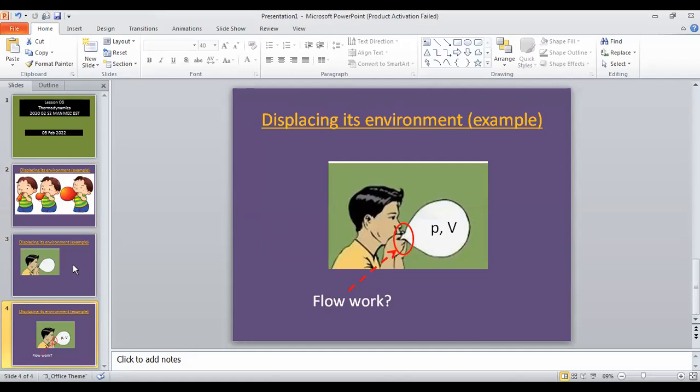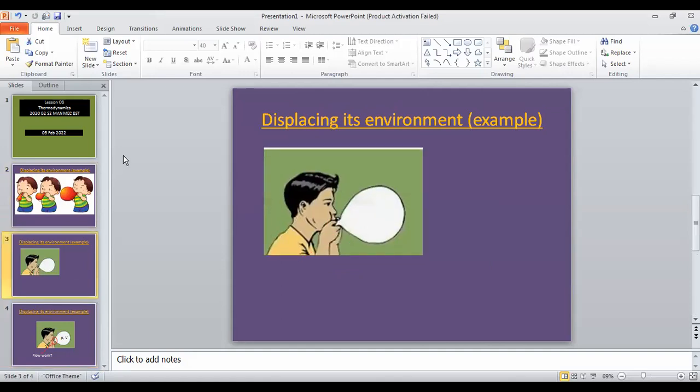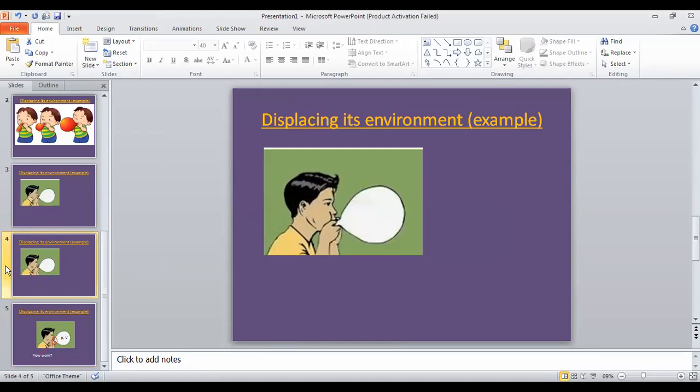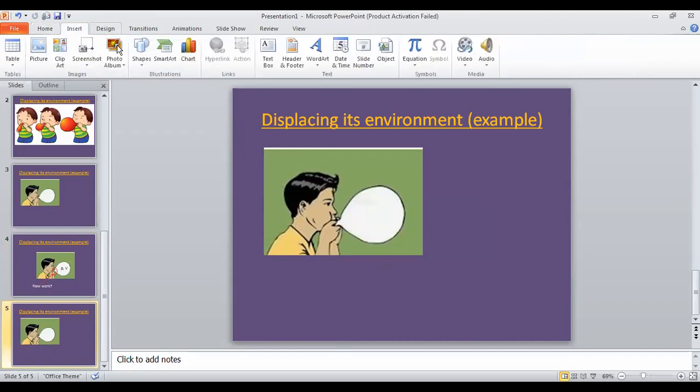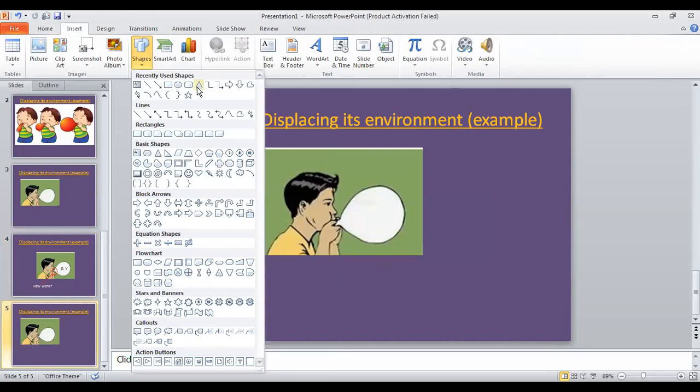Now I'm going to change the shape of the balloon for convenience of sketching.